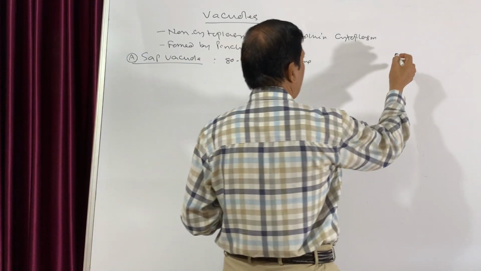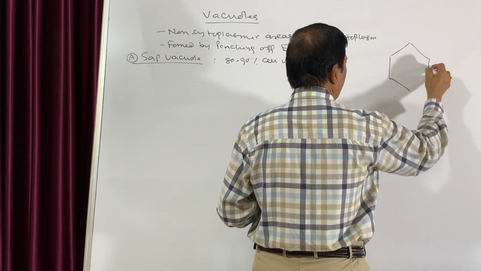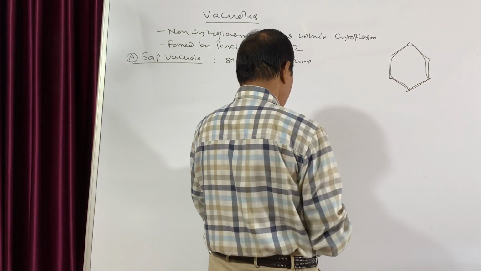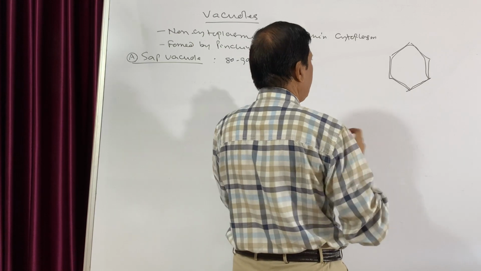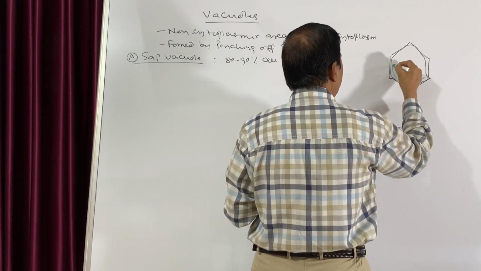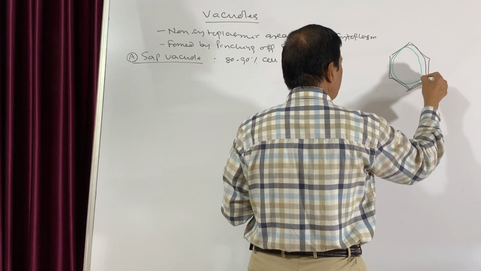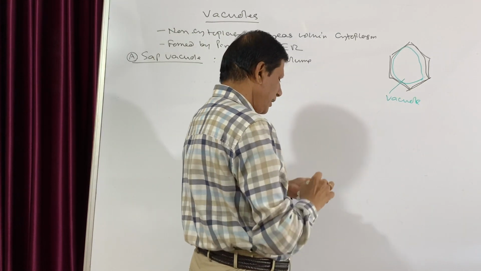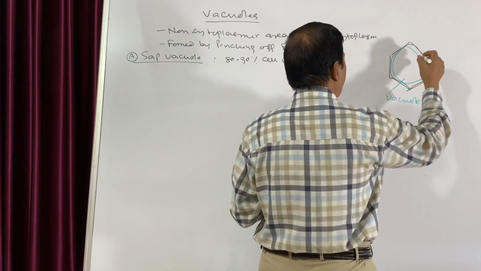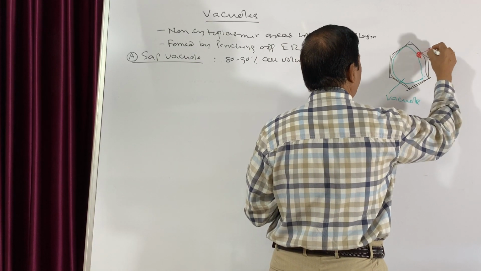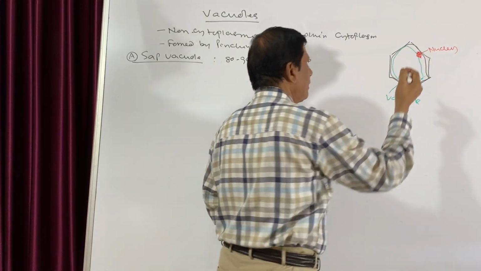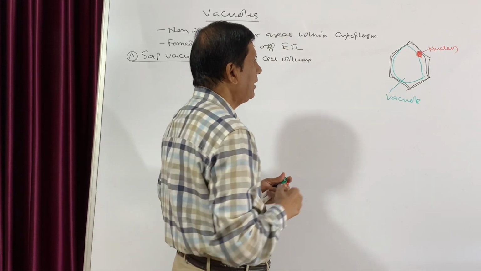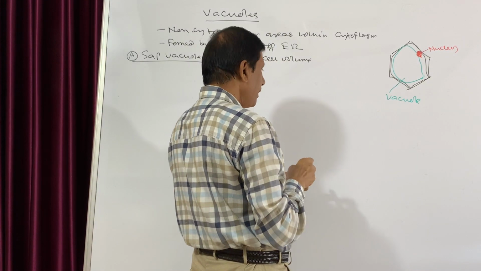If you draw a diagram of a plant cell, the vacuole covers about 80 to 90% of the cell, while the nucleus and other things are pushed to the periphery. It covers so much space, and it is separated from the cytoplasm by a membrane.